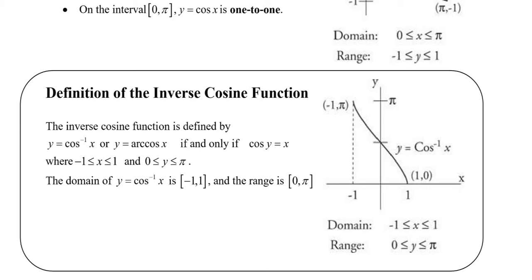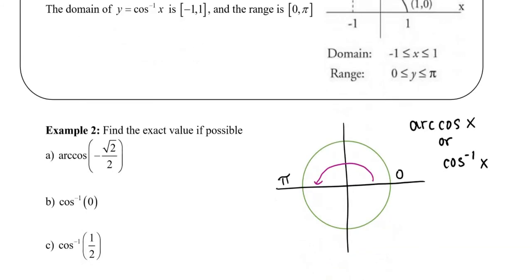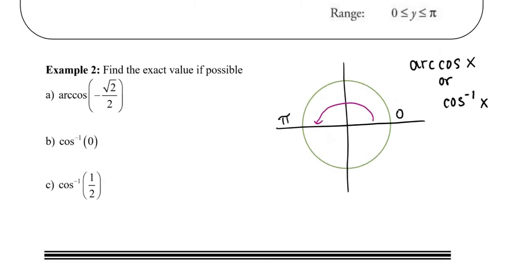All right, so we're going to try and find some exact values of the inverse cosine function. We're going to use the same skills that we did for finding the sine. Use your unit circle or your left-hand rule, and we're trying to find the angle whose cosine yields -√2/2 as its result. So here, if we use our left-hand rule, √2/2 is at 45, which is pi/4.